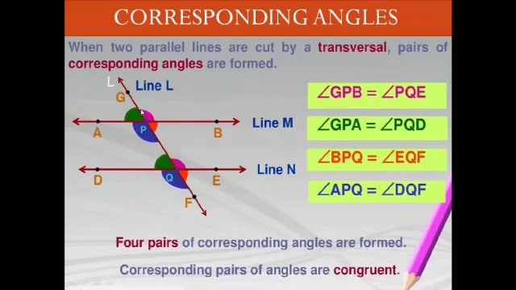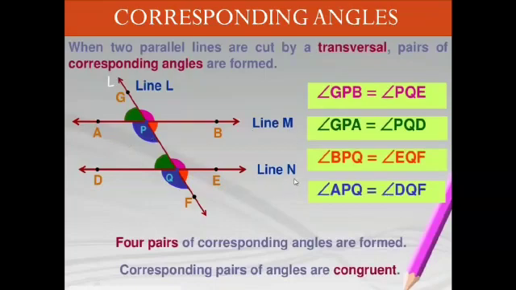Similarly, the angles shown with pink color are also forming a shape of F. Here, this angle with blue color are also forming the shape of F, and here the angles which are with orange color are also in the shape of F. So these four pairs of angles which are shown here in the figure are corresponding angles, and I will tell you that corresponding angles of parallel lines are equal.